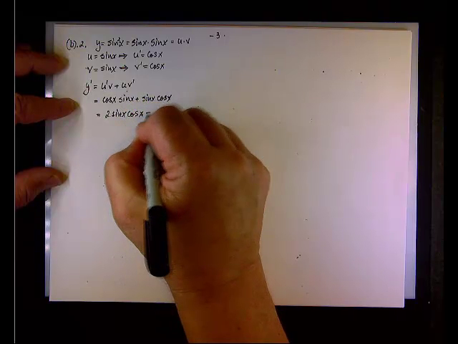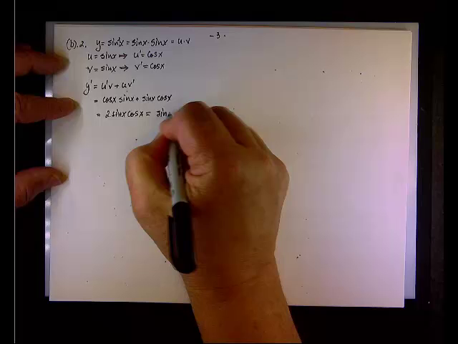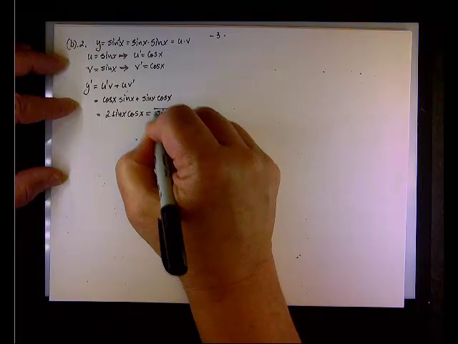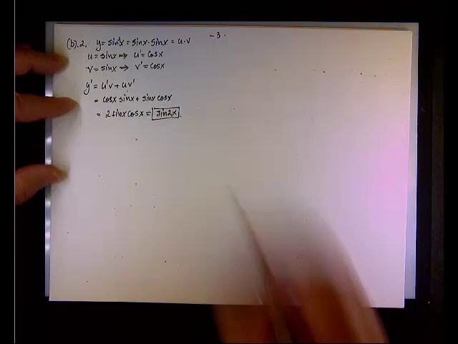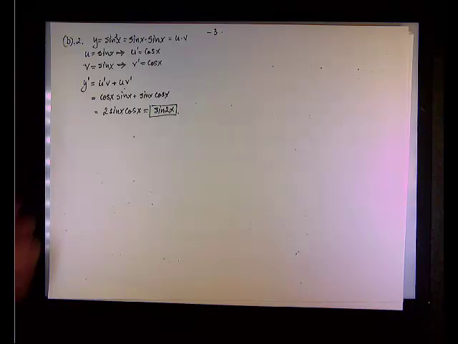And guess what? You have 2 sine x cosine x, and we already discussed the fact that it's sine 2x. So in this case, we can resort to the product rule and obtain the same solution.